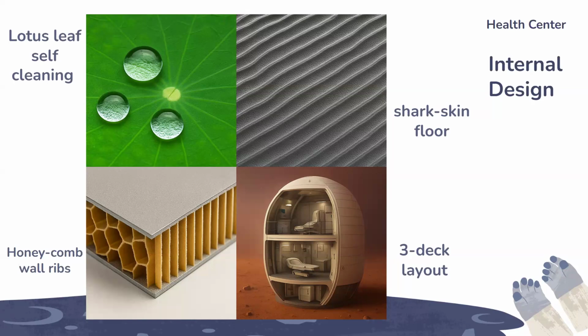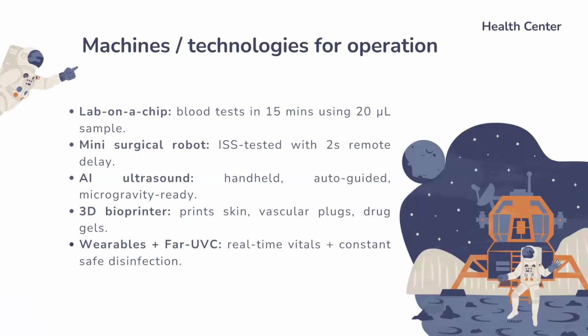And then you can also see the honeycomb wall, which also represents a lesson borrowed from nature, which we can use for extreme environments on Mars. So these are the three concepts for the internal design I had.